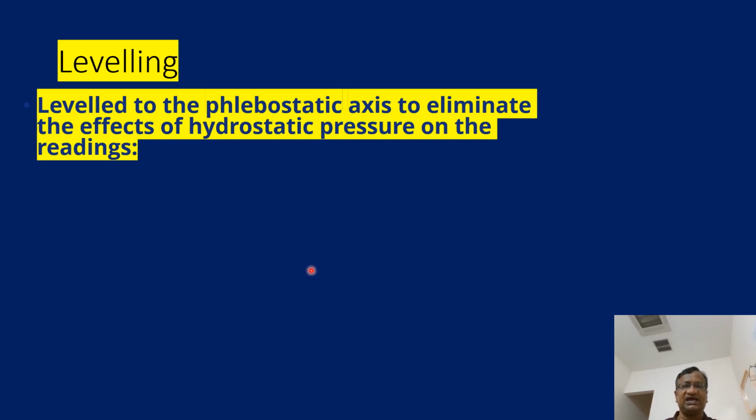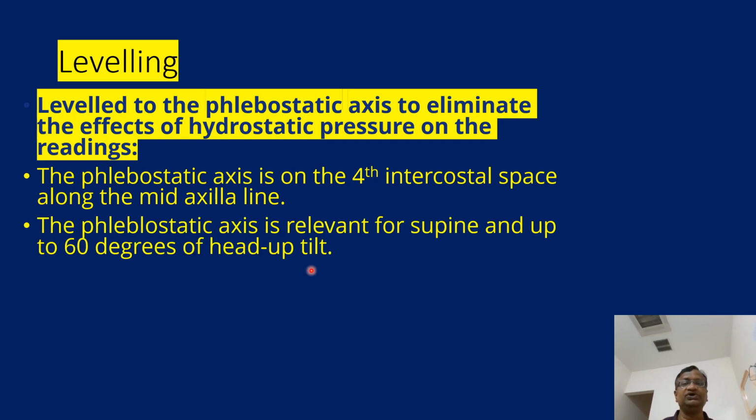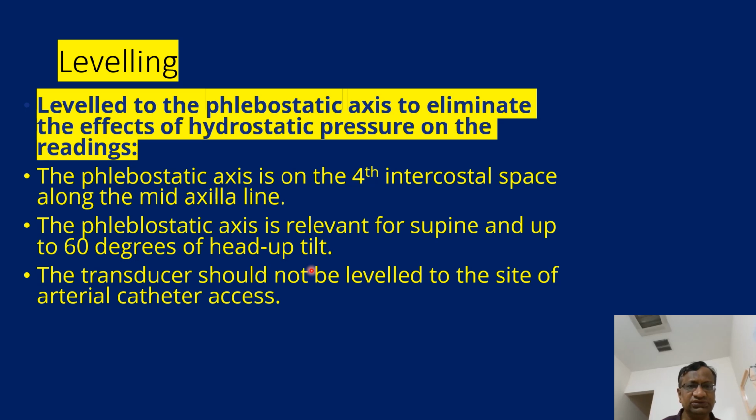Leveling with the phlebostatic axis, right? I have already described it in another video. Hydrostatic pressure affects the readings. The phlebostatic axis is the fourth intercostal space in the mid-axilla, relevant to supine up to some degrees. The transducer should be at the level of the atrium, and not your radial.